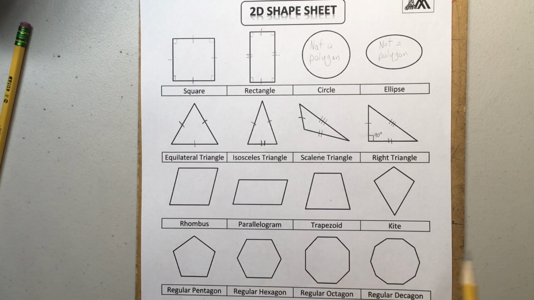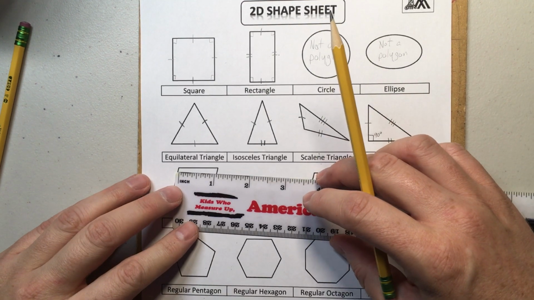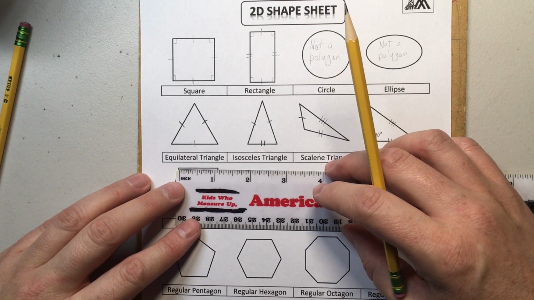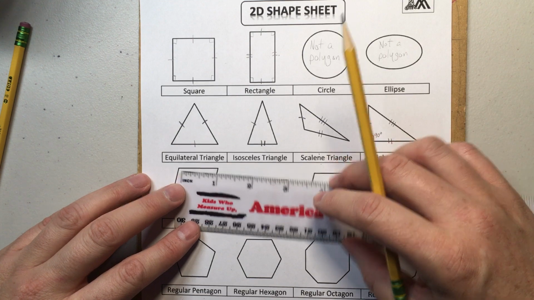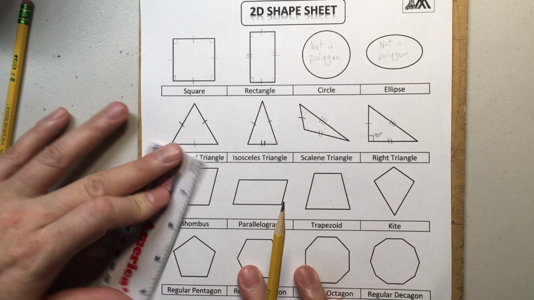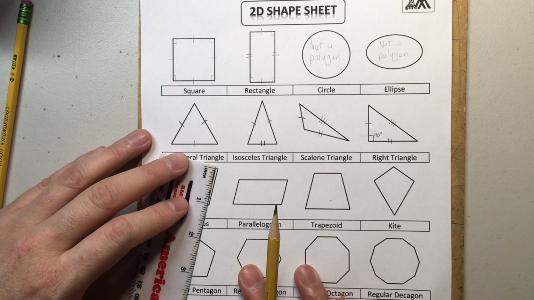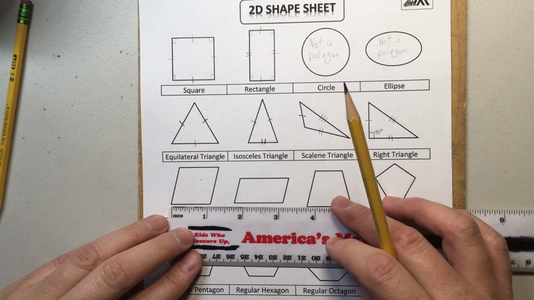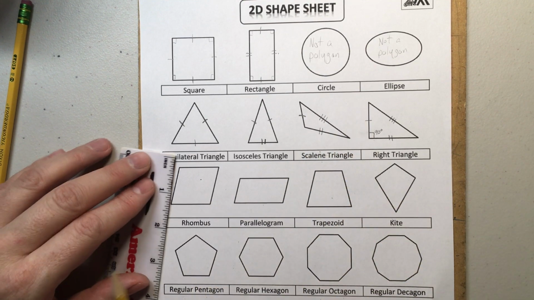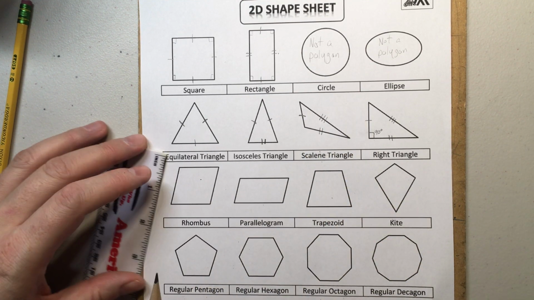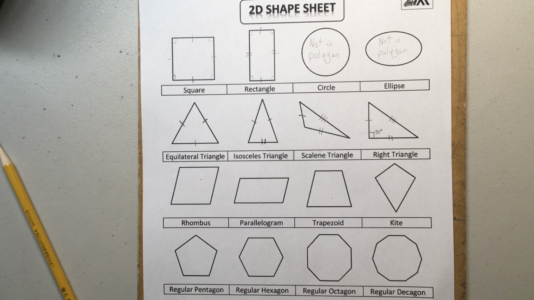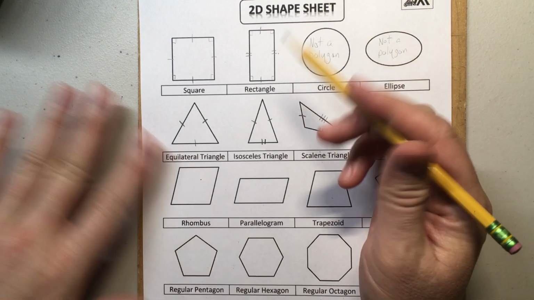A rhombus is also a quadrilateral, meaning that it has 4 sides. So we're good there. I'll get back to the idea of a quadrilateral with 4 sides.